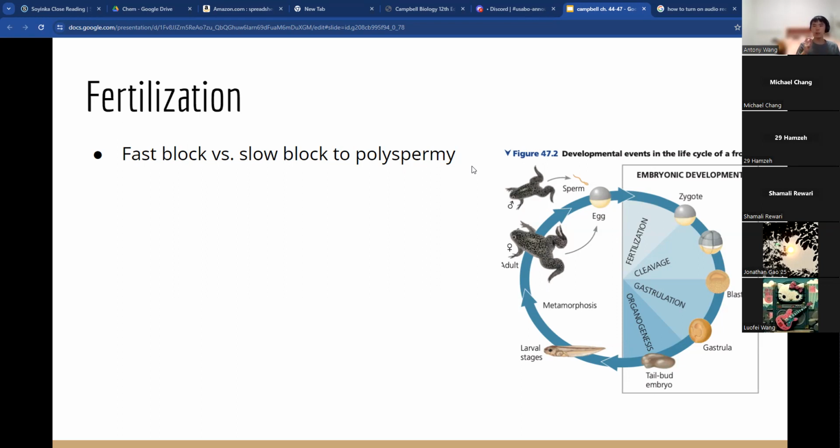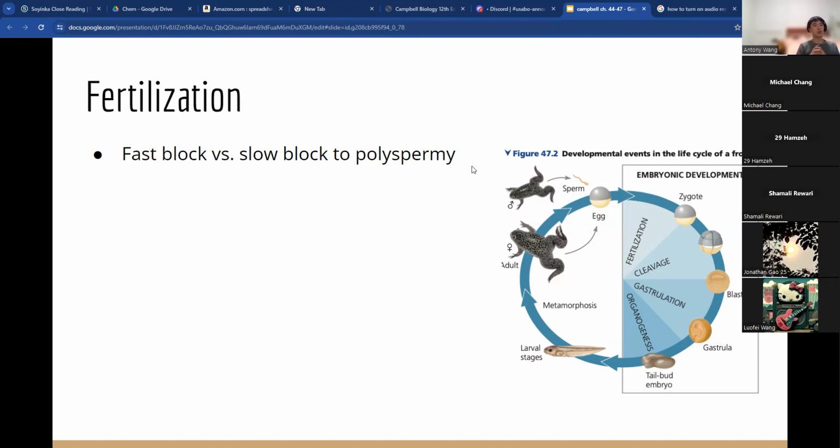All right. Following the nucleus entering, immediately the cell membrane depolarizes, and all of the receptors fall off. If all the receptors fall off, sperm can no longer recognize the egg, and therefore sperm nuclei cannot bind and go into the egg. Now that's a fast block, right? Once one sperm comes in, it gets rid of all the receptors, nothing else can come in.